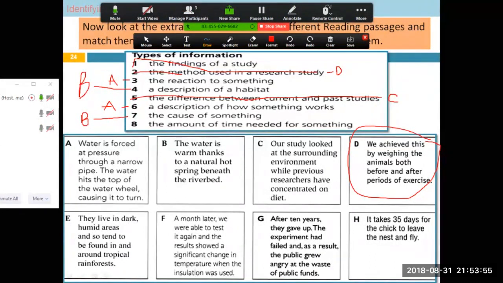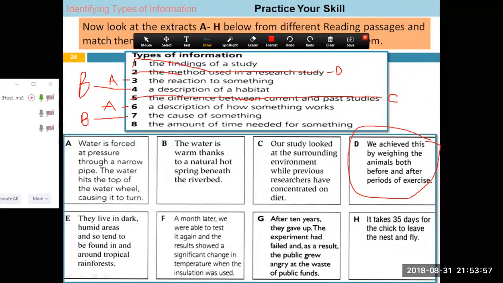They live in dark, humid areas, and so tend to be found in and around tropical rainforests. Sir, our description of habitat. Now, this is a habitat. Remember, in number B, you said it is a description of habitat, but in number B, it only mentioned a place, but it did not mention that some animal, some bird lives here.